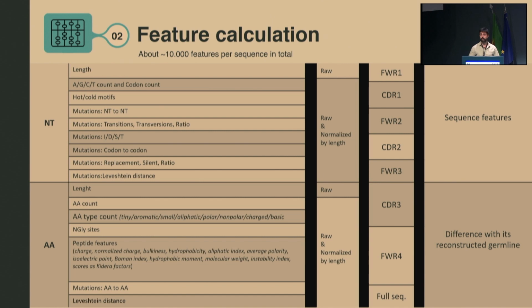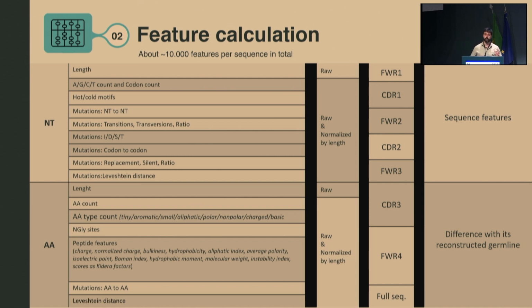Basically, we have lots of features because every case can be different, and a different feature can be relevant. There are features that are related to the nucleotide sequence, features that are related to the amino acidic sequence. Some features are only in the raw values, some features are normalized by length, and these features are measured at the whole sequence level, but also at the framework 1 region level, CDR1 level, and so on.